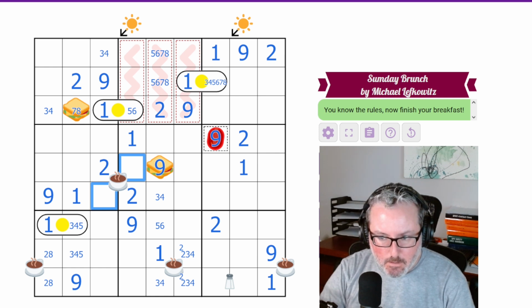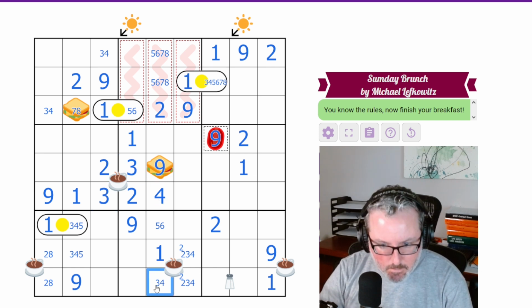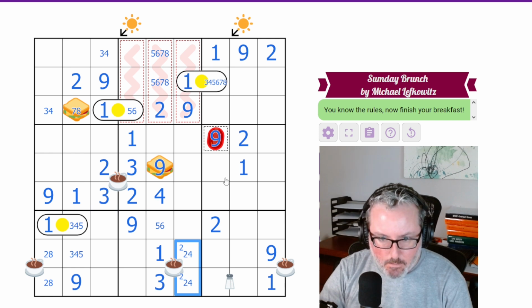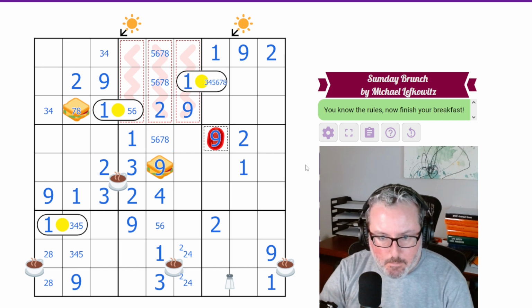Let's make sure that's not something that I've just imagined. Yes, they have to be 3s. That's the only way it's going to work. So it's going to force this to be a 4, 3. We can get rid of the 3 here. So that's nice. These are from 5, 6, 7, 8. We can just type that in for now.